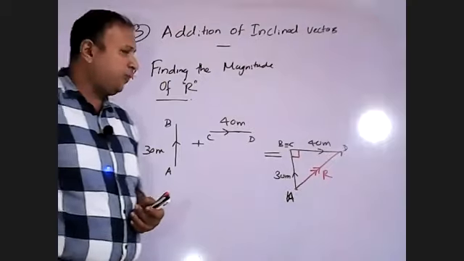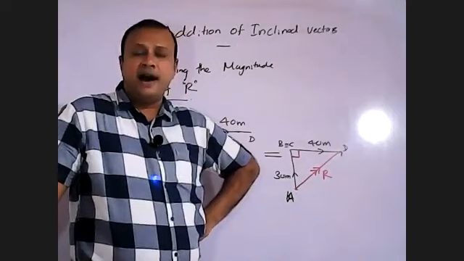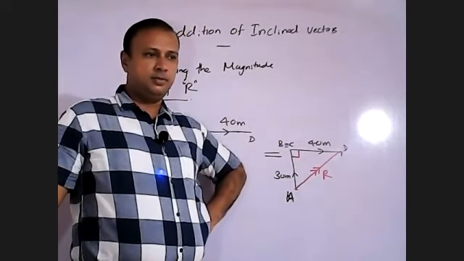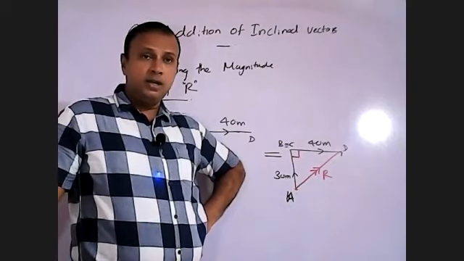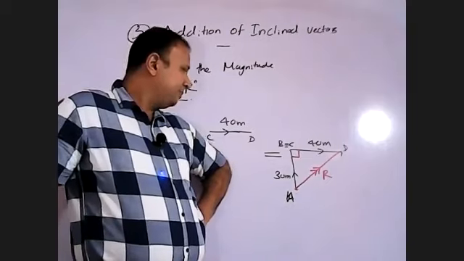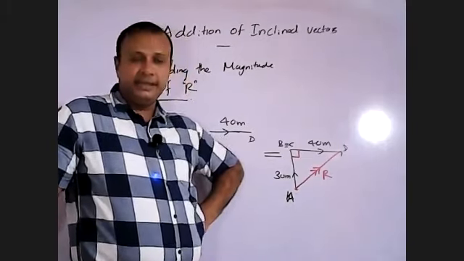The magnitude of resultant force, the magnitude of R, is equal to the AD length.